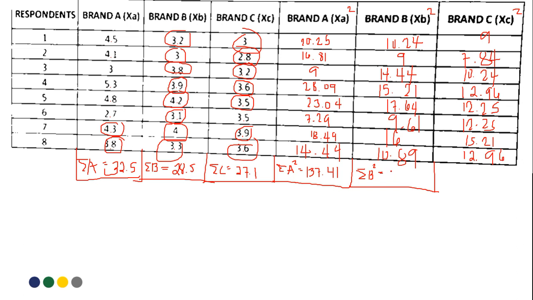Come again? 103.03. Last one. 92.71. Okay, 92.71 of our summation of C squared. Palitan ko lang yung to ha, kasi pangit eh.